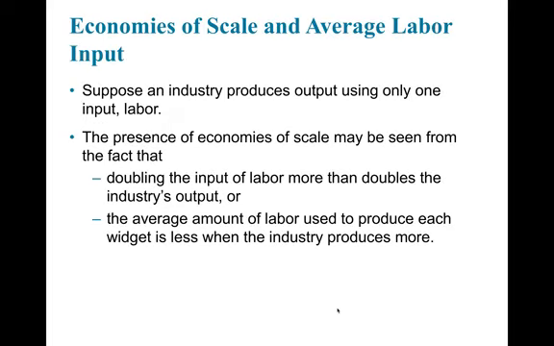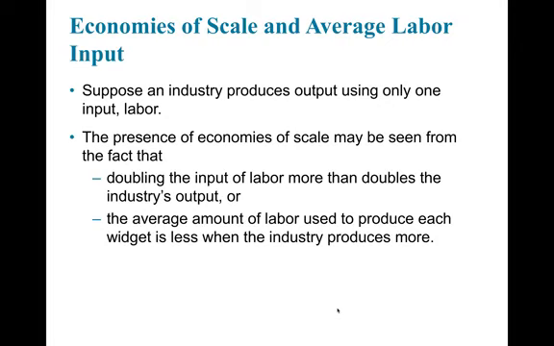For example, to make it a little more precise, suppose an industry produces output using only one input, labor, like in the Ricardian model. The presence of economies of scale might be seen from the fact that if you double the input of labor, the industry output more than doubles. That's a standard way of defining things.